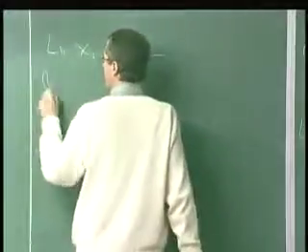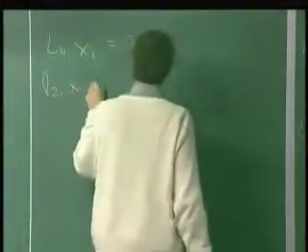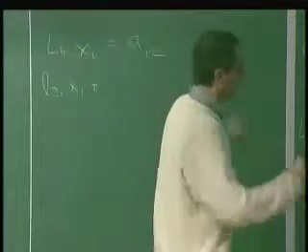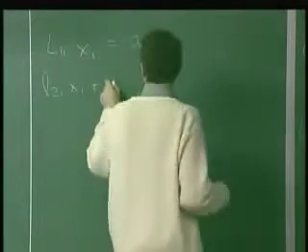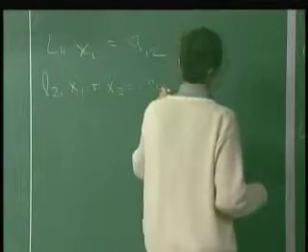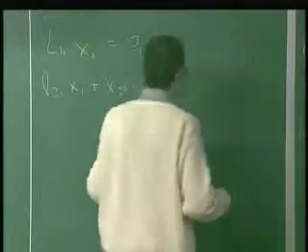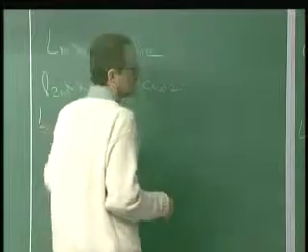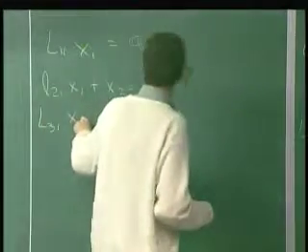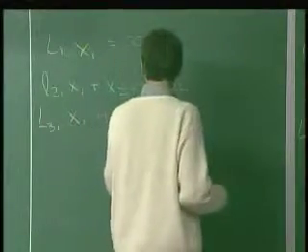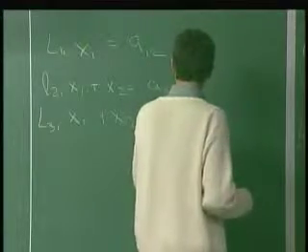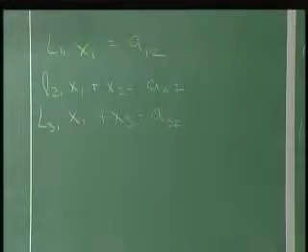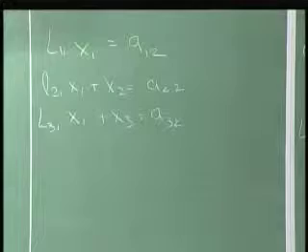And then we get L21x1 plus x2 equals A22. And then we get L31x1 plus x3 equals A32.